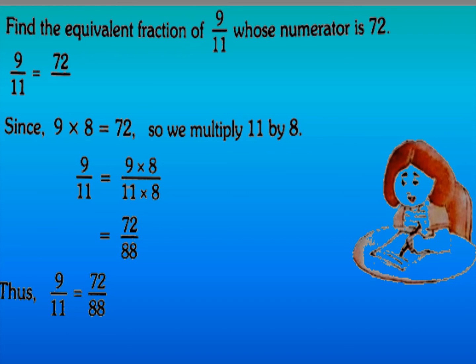That is 88. So here we can write like this, 9 upon 11 is equal to 9 multiplied by 8 upon 11 multiplied by 8, is equal to 9 8s are 72, 11 8s are 88. Thus we get the equivalent fraction is 72 upon 88. So in place of the blank given, we will write 88.